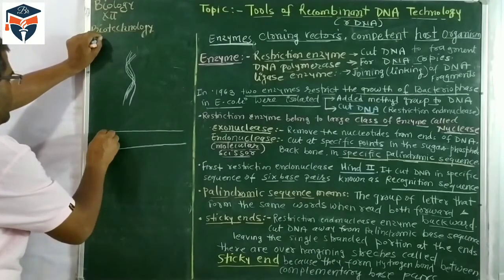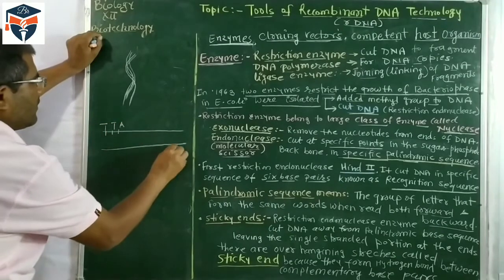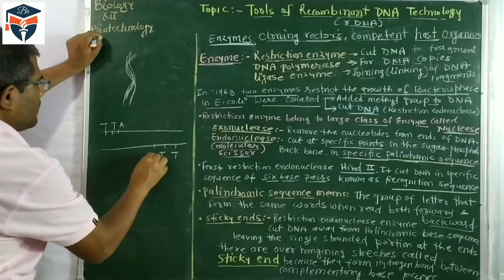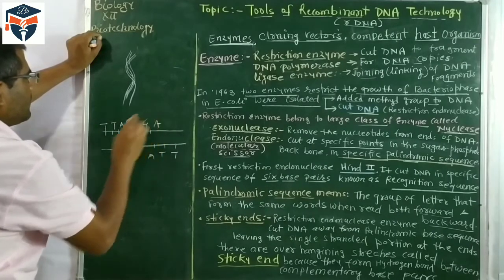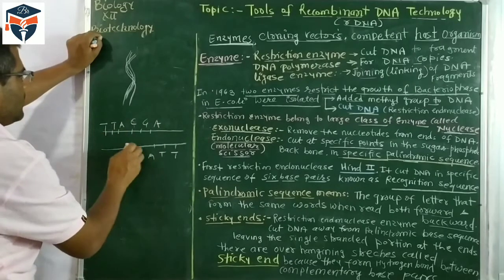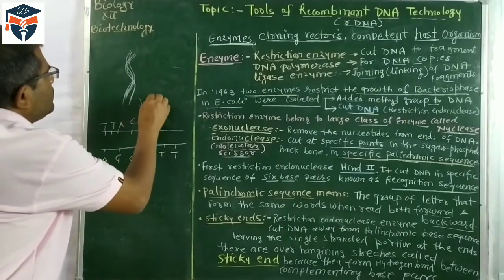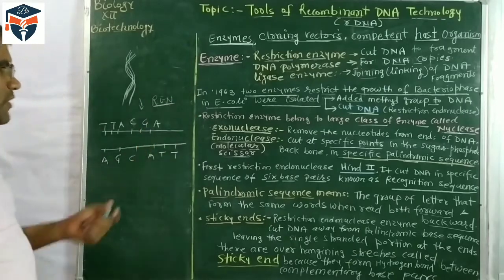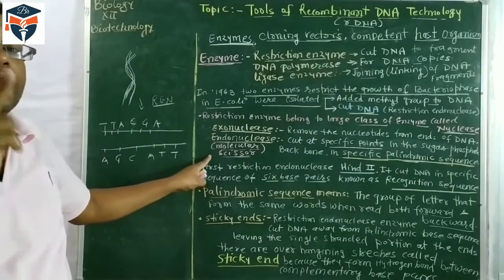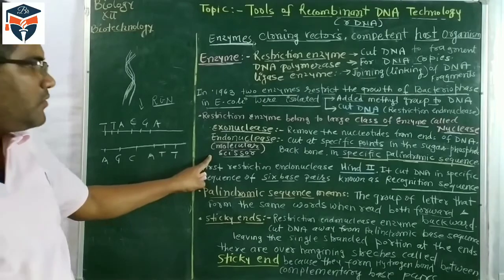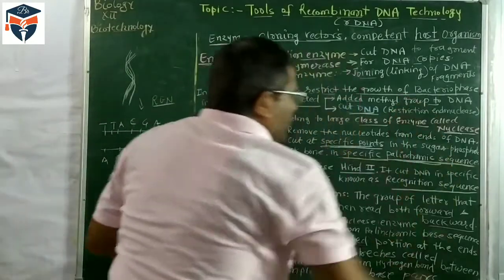In this fragment it is T, T, A, then C, G, A. The restriction endonuclease enzyme is also known as molecular scissors because it cuts the DNA molecule at a specific point in a palindromic sequence.